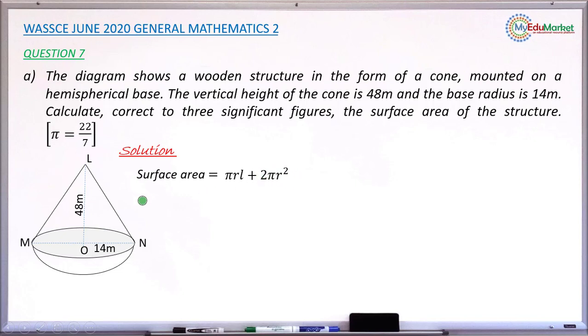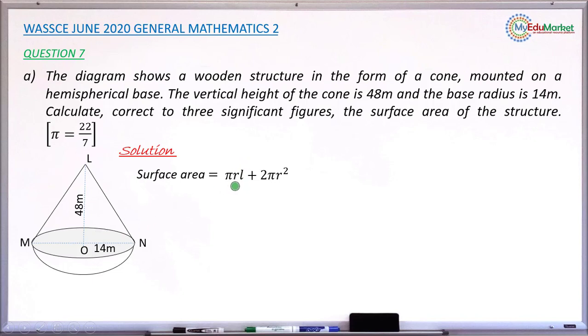Now check your drawing to see whether you have all those variables. The pi is given, the radius is given, and the l, the slant height of the cone, is missing.